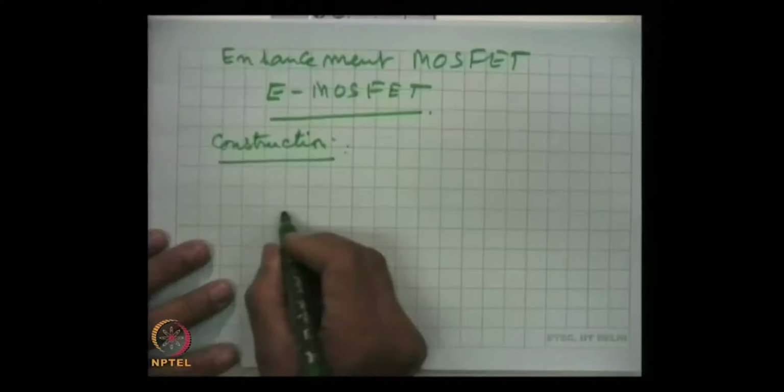So, the device will be off normally, which is just opposite what it was in depletion MOSFET. In the depletion MOSFET, whether there is any voltage applied to the gate or not, because of the presence of the channel, there was a drain current for applied voltage between drain and source. So, the construction goes like this.